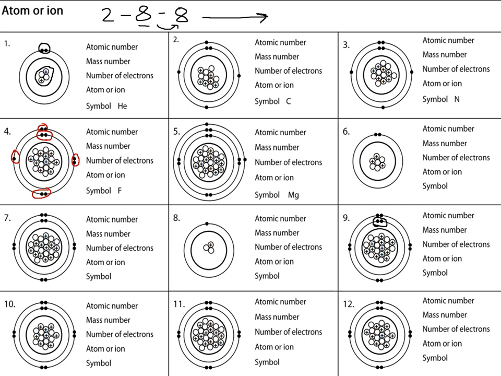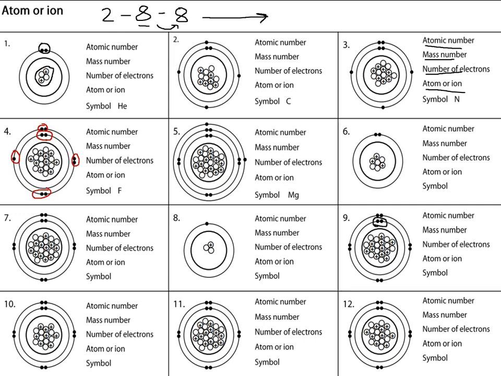All right, so what I'd like you to do is to look at atom number 3 and atom number 5. And what I'd like you to do in your own notes is to fill out what the atomic number is for each, the mass number, the number of electrons, and whether it's an atom or an ion.